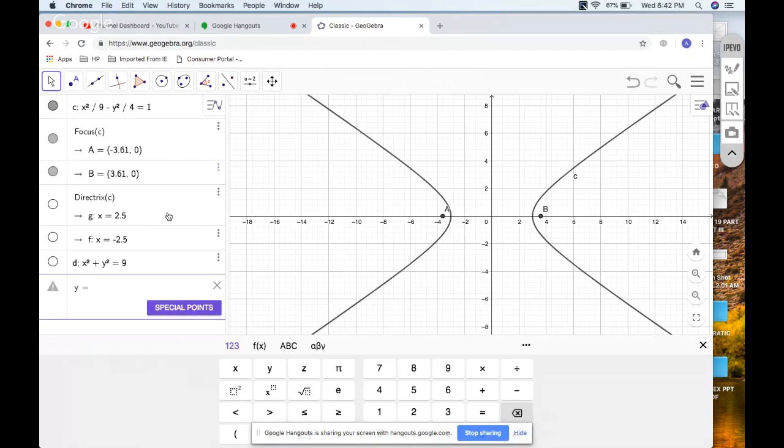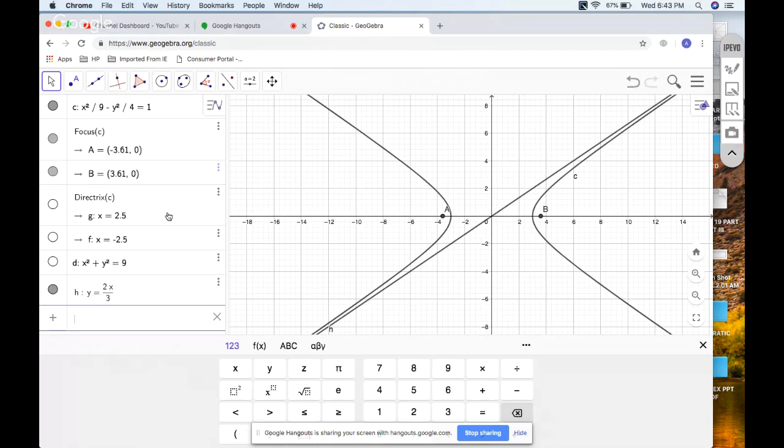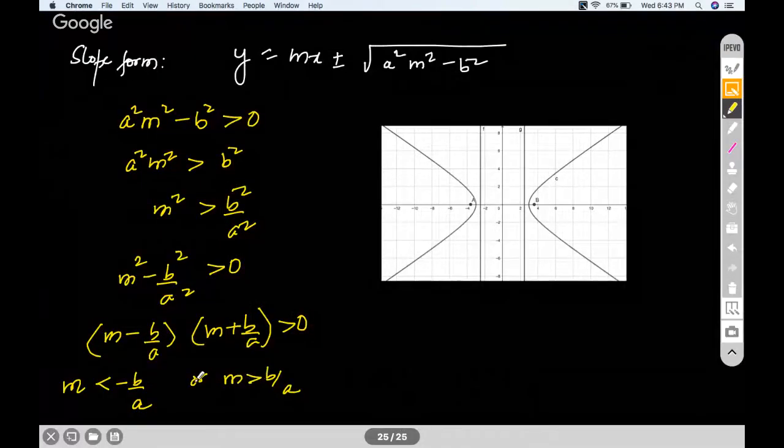So y is equal to 2 by 3 x, or 2x by 3. This is b by a slope, and y is equal to minus 2x by 3. Please remember, the slope of the tangent that you are going to draw should either be greater than b by a or less than minus b by a.